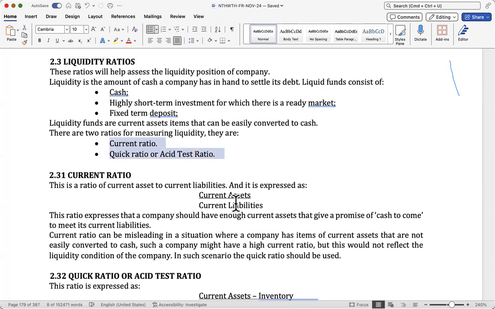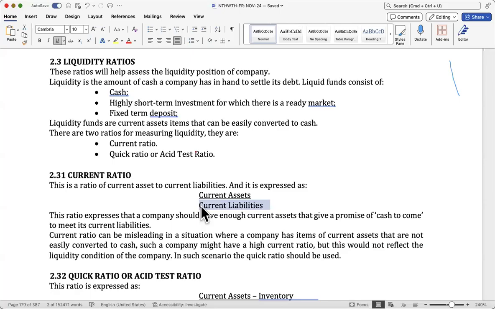The current ratio is current assets over current liabilities, which shows whether a company has enough short-term assets to settle its short-term obligations. Usually they will tell you that current assets should be at least twice current liabilities.